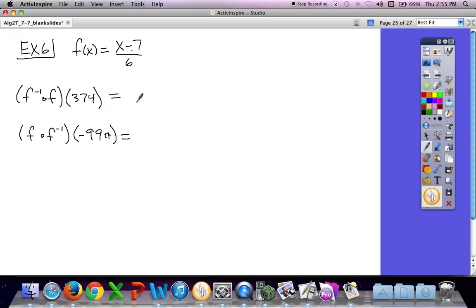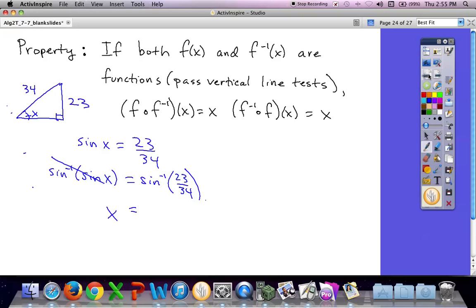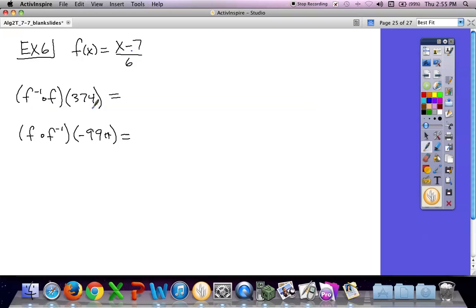Okay, so what will this equal? Remember, f of f minus 1 of x equals whatever is there, that's the answer. There's nothing to do.